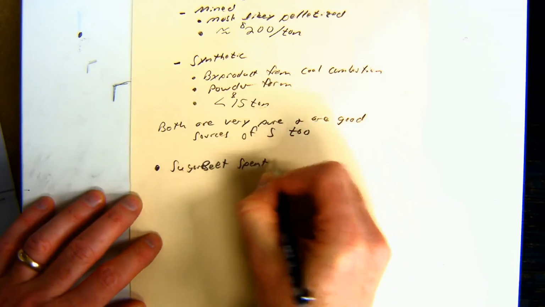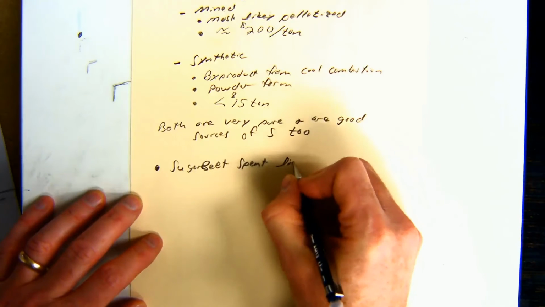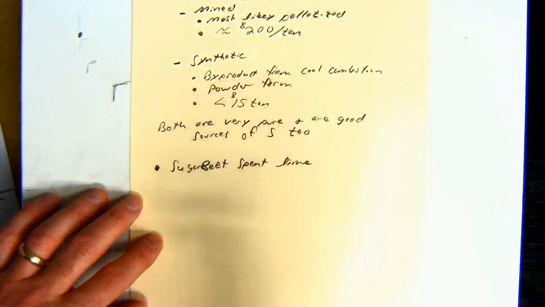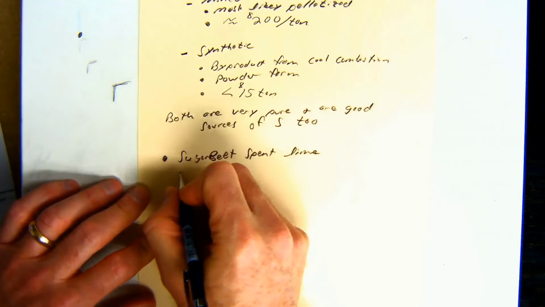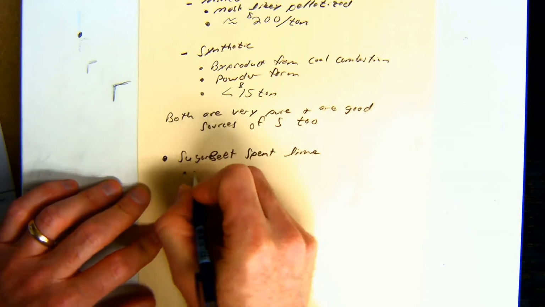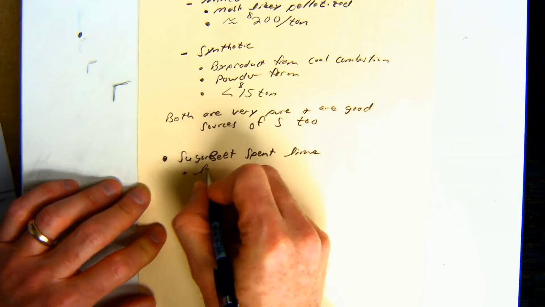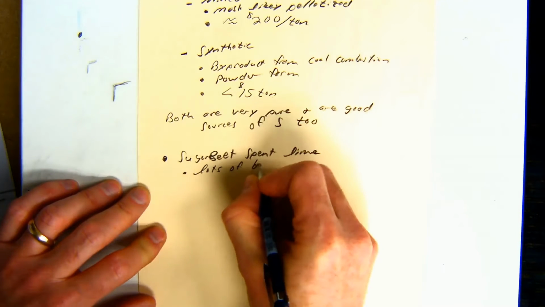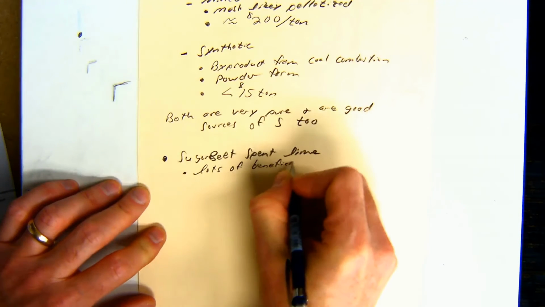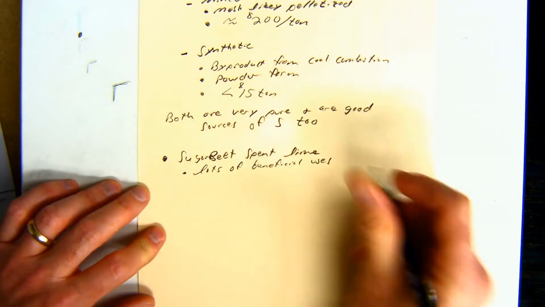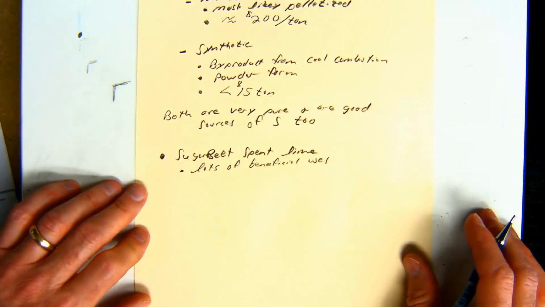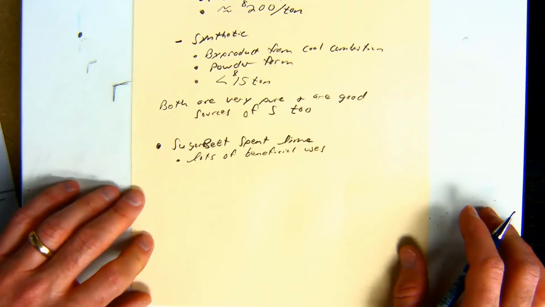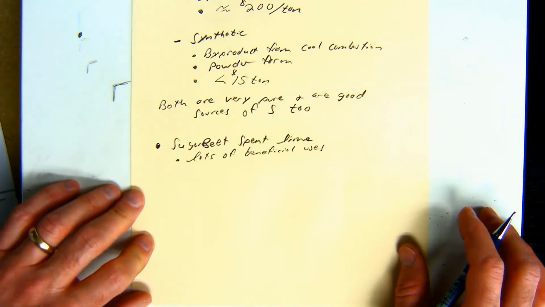And that's the stuff that we have in our demo. Okay. It is shown to have lots of beneficial uses. I always forget the disease in sugar beets, but adding the sugar beet spent lime tends to decrease the incidence of that disease.